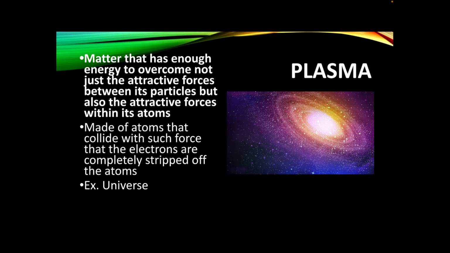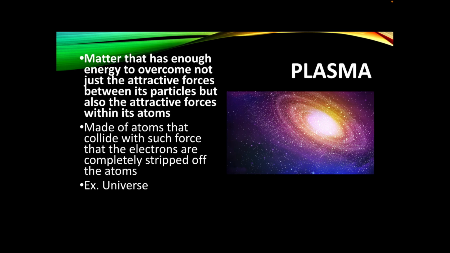So we talked about 3 familiar states: solid, liquid, and gas. Now, there's another state which is called plasma, and this goes beyond the state of gas. So what is plasma? This is when you have matter that has enough energy to overcome not just the attractive forces between its particles, but also the attractive forces within its atoms.